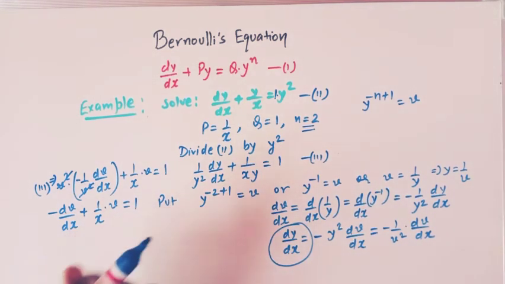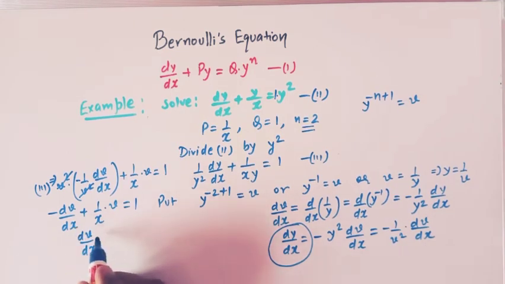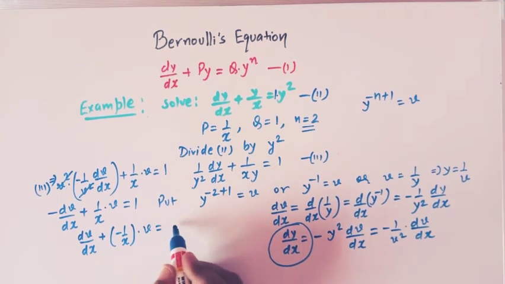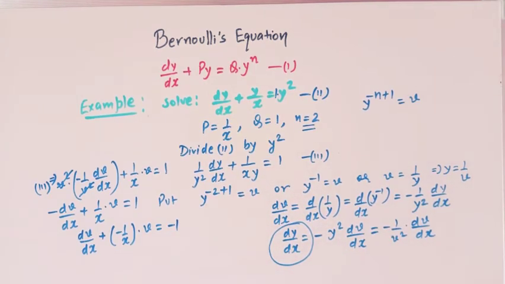Now multiplying throughout by a negative sign, we can write dv over dx minus 1 over x times v is equal to minus 1.